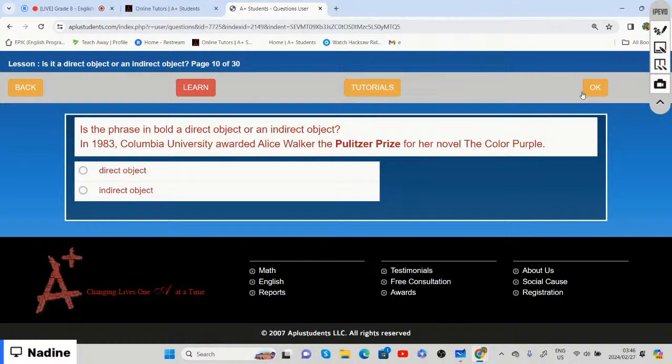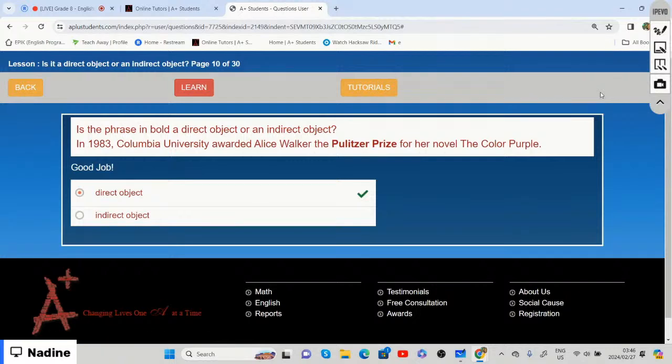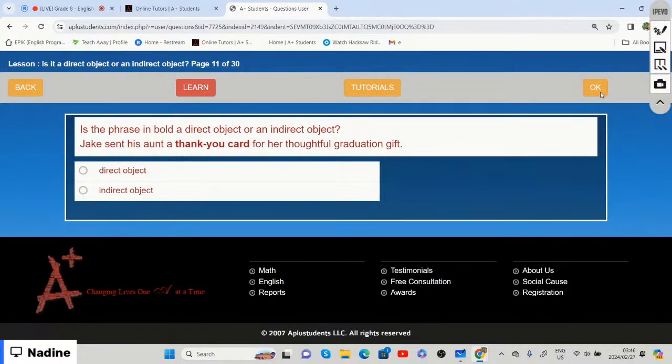Direct object, let's see. And it is a direct object. So well done.